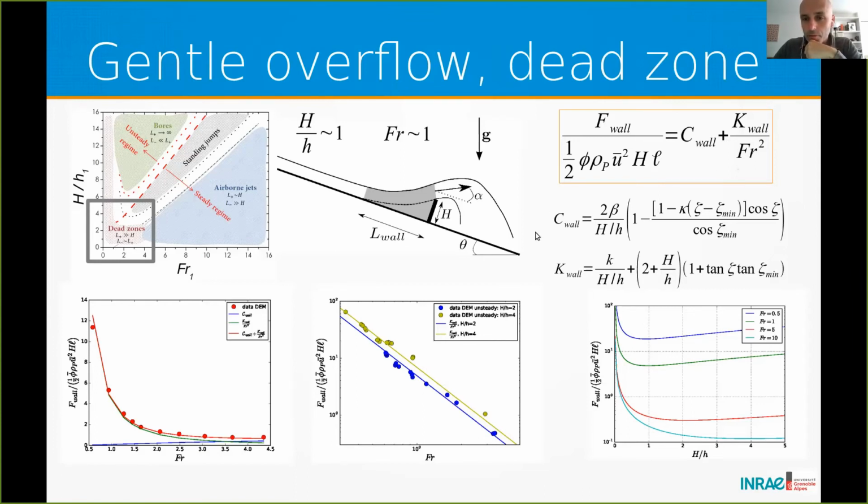And here you have the analytical expression of each coefficient, C_wall and K_wall, and you can plot this equivalent drag coefficient as a function of the relative height of the obstacle for different Froude number conditions. So you have a full description of these coefficients that are functions of the incoming flow condition and the geometry of the obstacle.